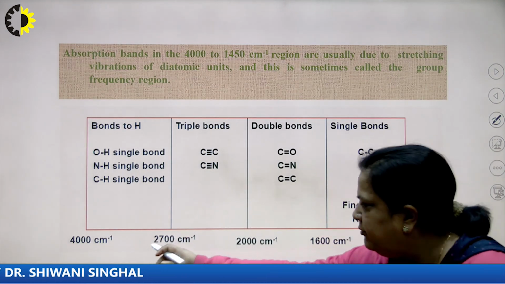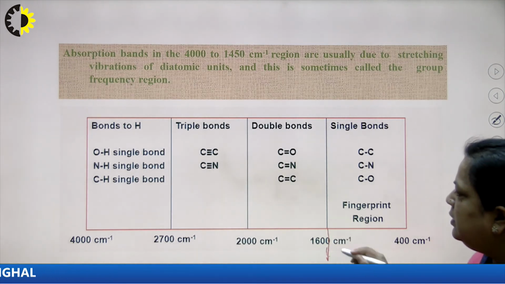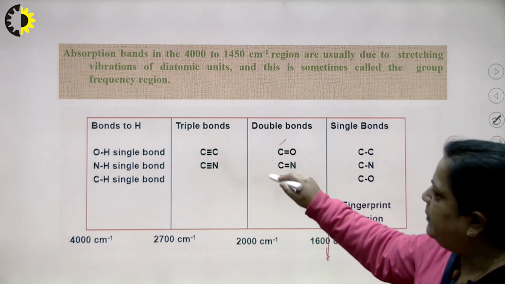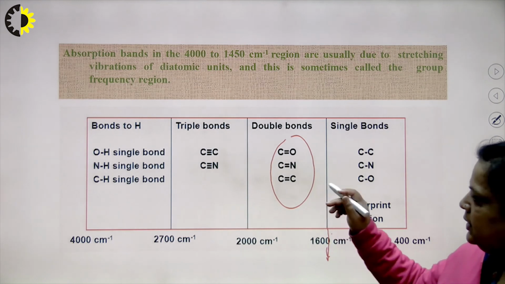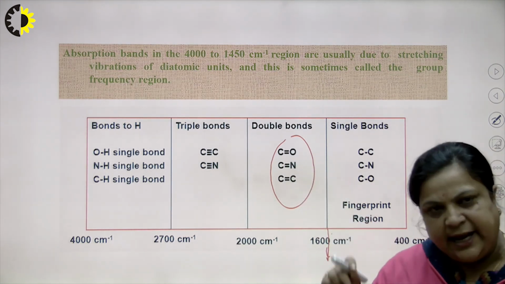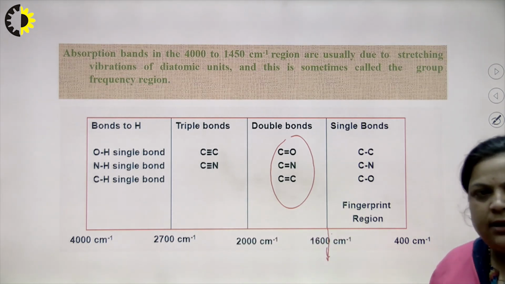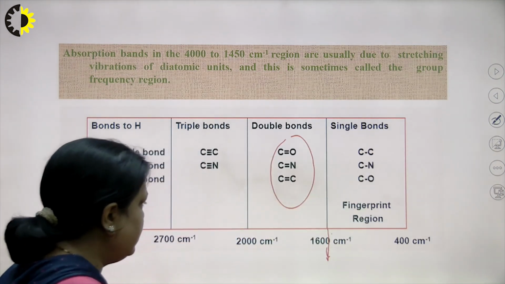So, in 1400 to 4000, up to 2000, the band observed is due to double bonds, that is due to the presence of carbonyl, CN or CC; the IR frequency is observed below 2000 centimeter inverse.